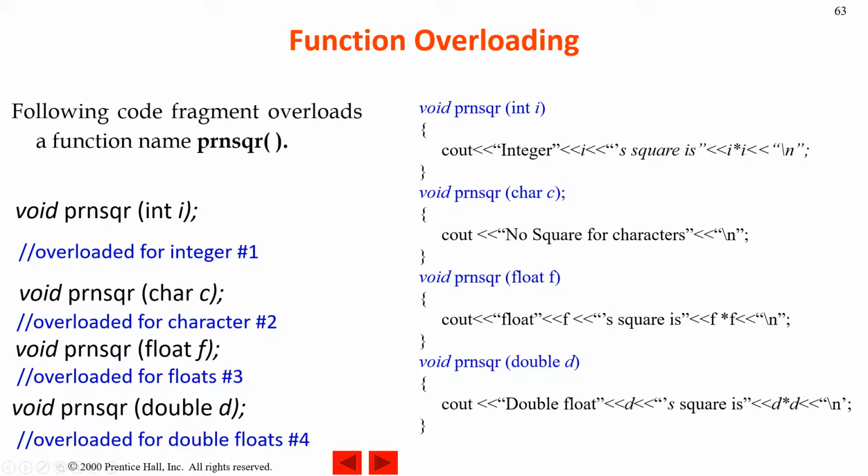If you call it using a float, it will use this version of prnsqr. So print square, it will use this function using a float. फ्लोट का स्क्वायर प्रिंट कर देगा, और डबल वैल्यू देंगे उसको तो वो ये वाला वर्जन यूज़ करेगा. सो द इम्पोर्टेंट या द एडवांटेज इज़ दैट एज प्रोग्रामर आपको याद रखने की ज़रूरत नहीं है कि जी इंटीजर के लिए कौन सा फंक्शन था, करेक्टर के लिए कौन सा था, फ्लोट के लिए कौन सा था. ऑल यू नीड टू डू इज़ जस्ट नो दैट the name of the function is print square, prnsqr.